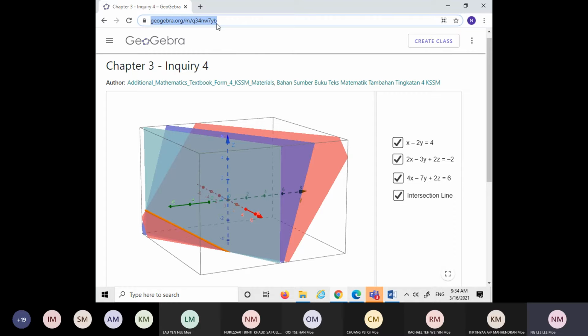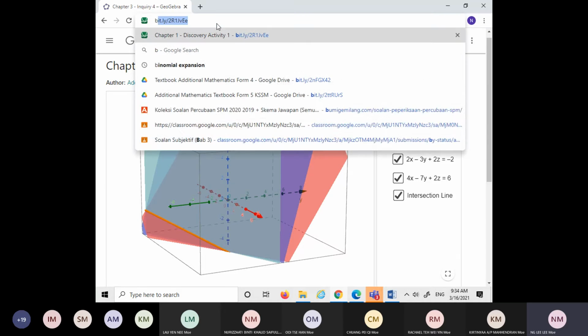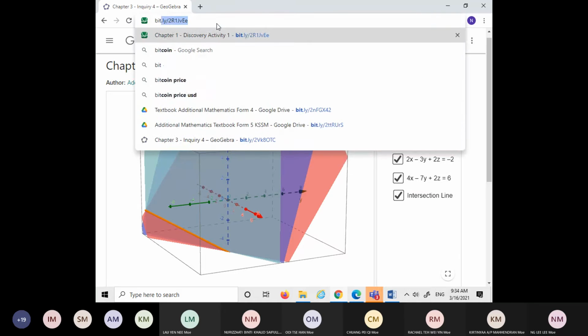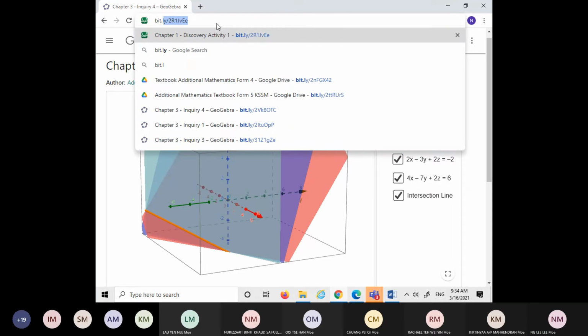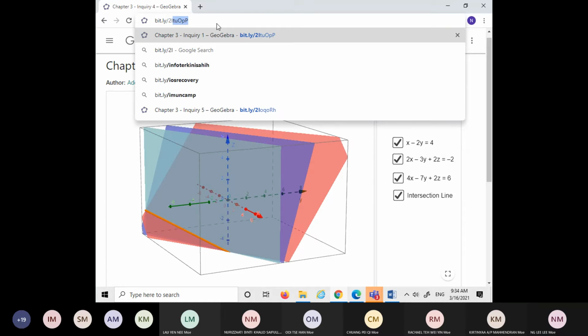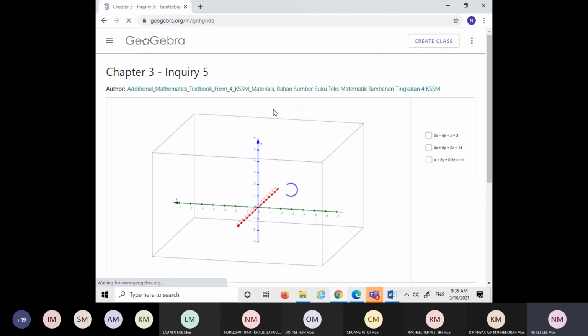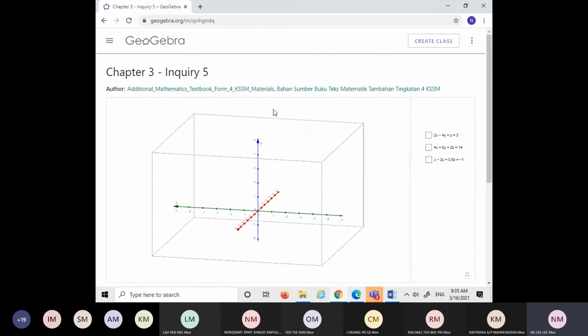Then the last one already. The last type of form of solutions. For this one, you will see the three planes do not intersect at any point.